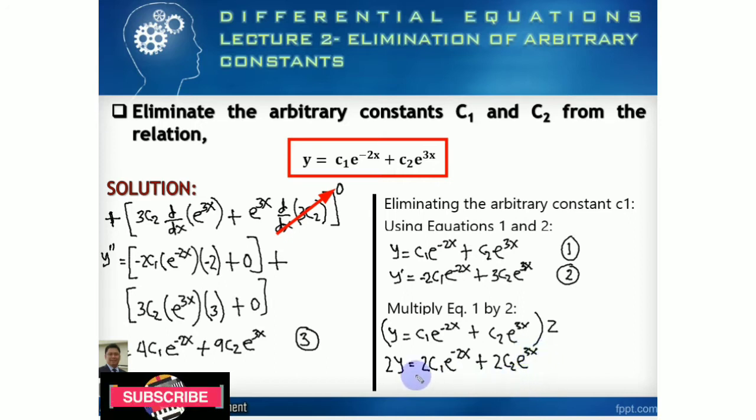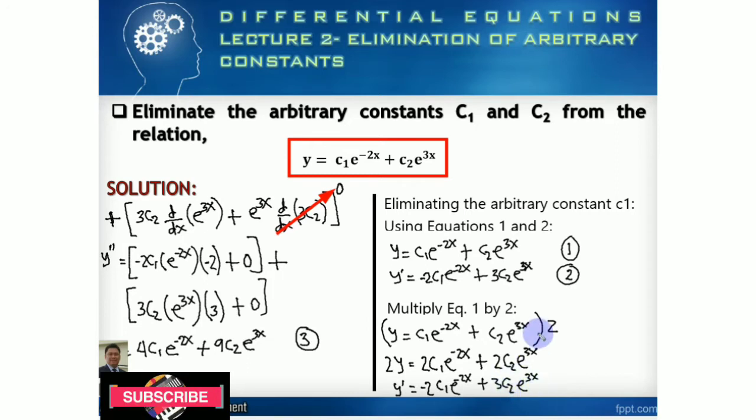After this, equation 2 remains. So our equation 2 is y prime equals negative 2C1 e raised to the power of negative 2x plus 3C2 times e raised to the power of 3x.